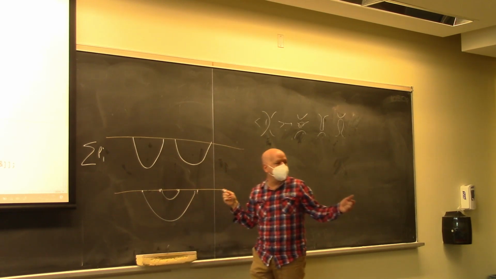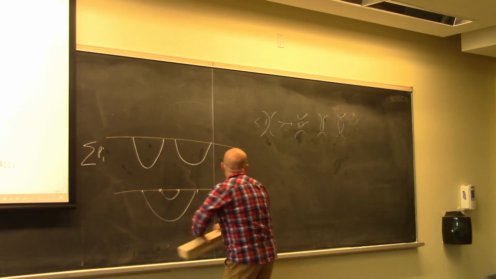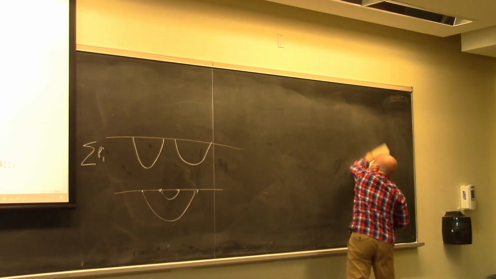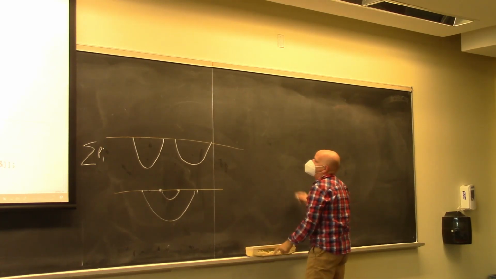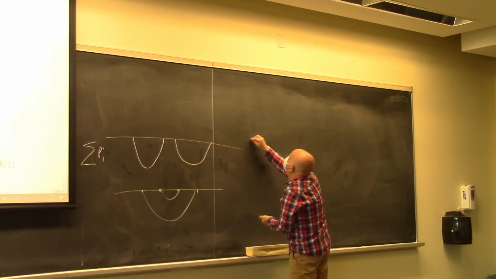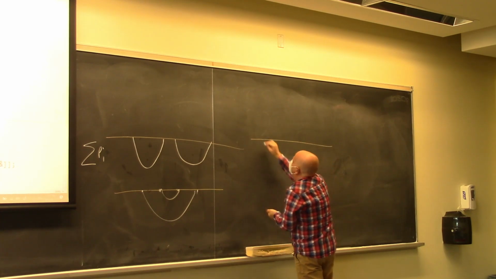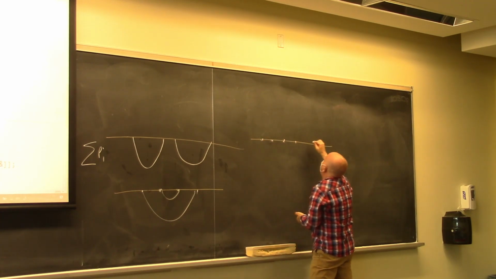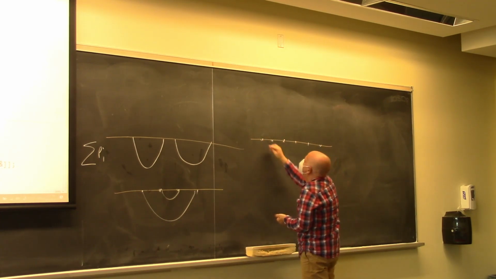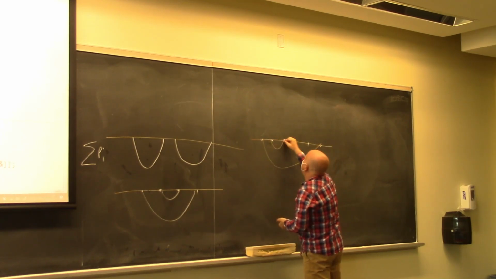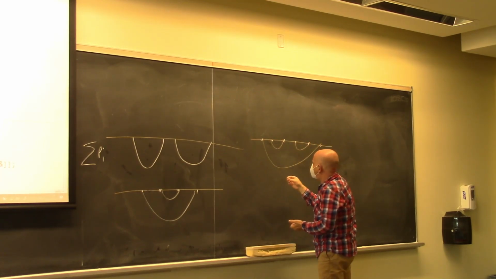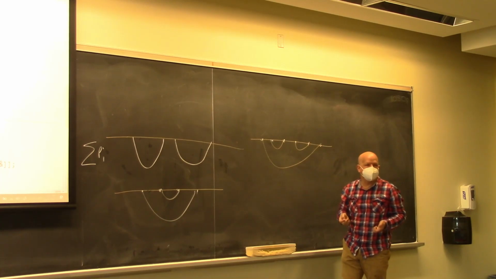Only 2 possibilities. If it intersects the knot 6 times, it will intersect the knot an even number of times. So if it intersects the knot 6 times, 1, 2, 3, 4, 5, 6, then there are more possibilities. It could be this, it could be, well, there are more possibilities.